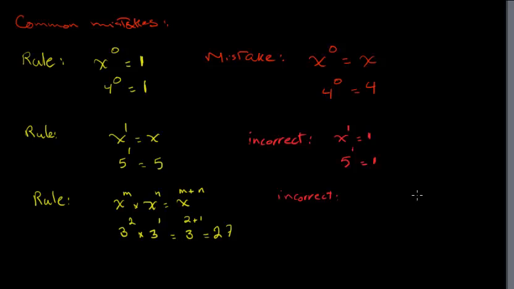The incorrect form that some people write is they multiply the powers. They say x to the third power times x to the second power, they multiply it and write it as x to the 9 power. While the correct form is x to the third power times x to the third power equals x to the 3 plus 3 equals x to the 6th power.